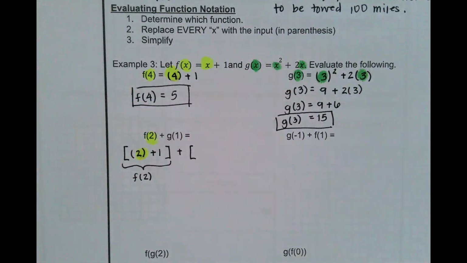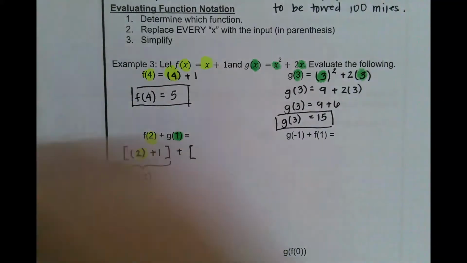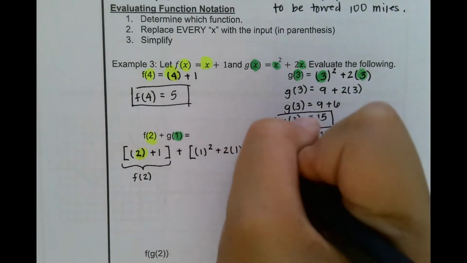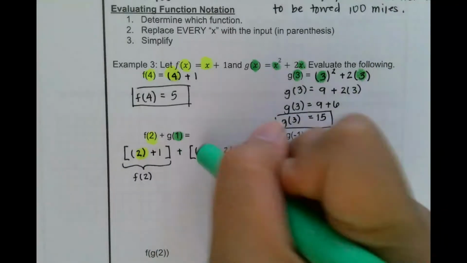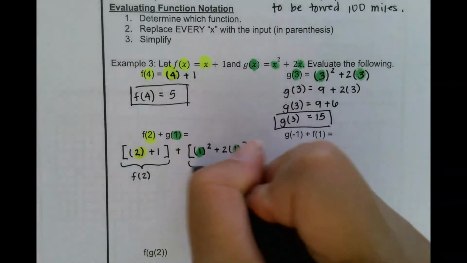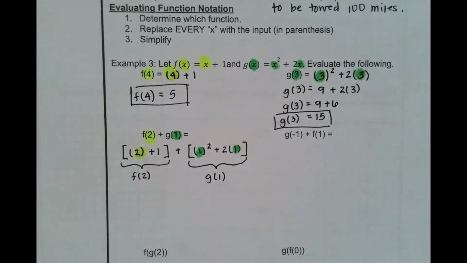So I'm going to replace the x here with 1. So 1 squared plus 2 times 1. This was the g function, right? It's g of 1. So all I need to do is solve.